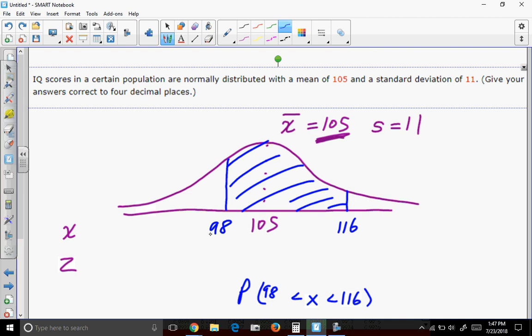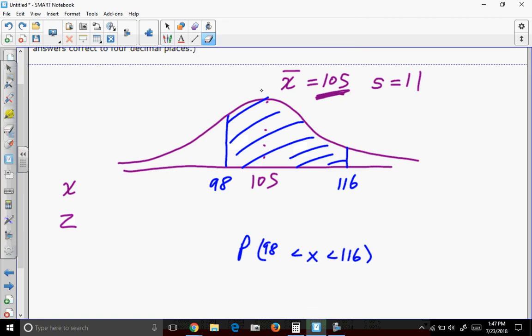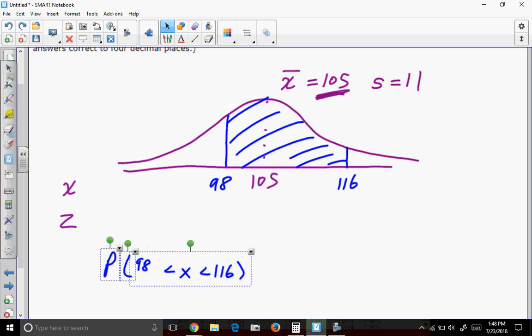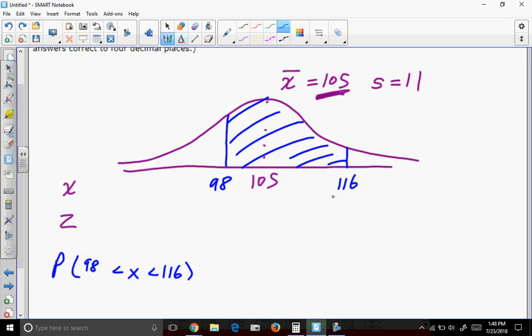So we need to convert each of these to z's. Let's do 98: how many standard deviations is 98 from 105? There's a formula for that. Z is our data value minus the mean over the standard deviation.